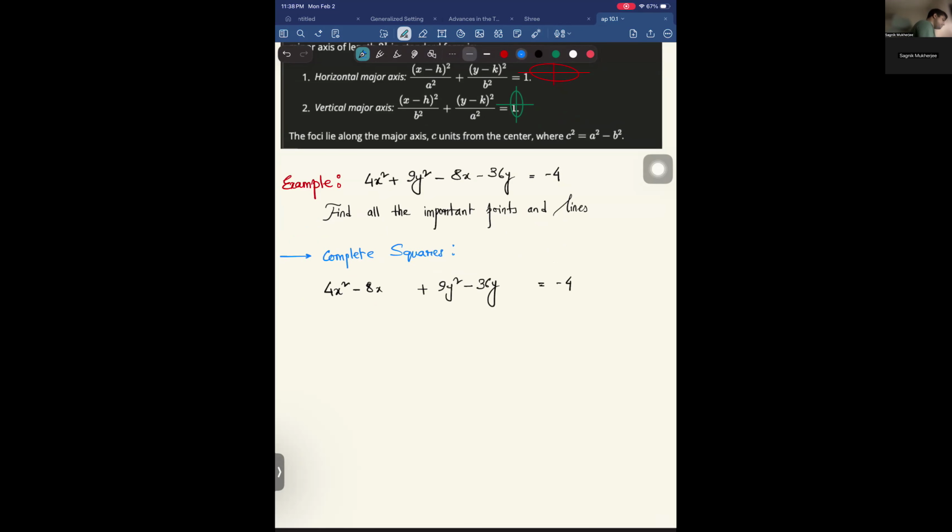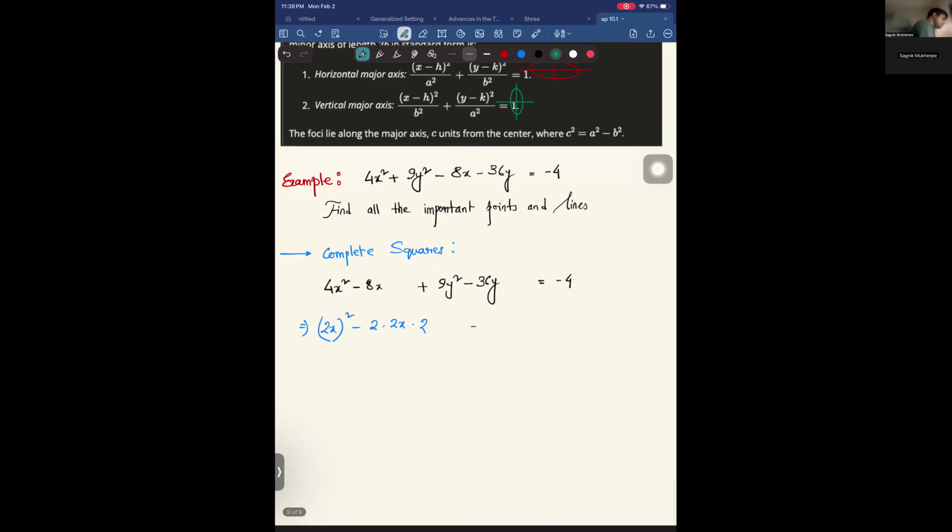Now, this can be written as (2x) whole squared minus 2 times 2x times 2, plus (3y) whole squared minus 2 times 3y times 6.